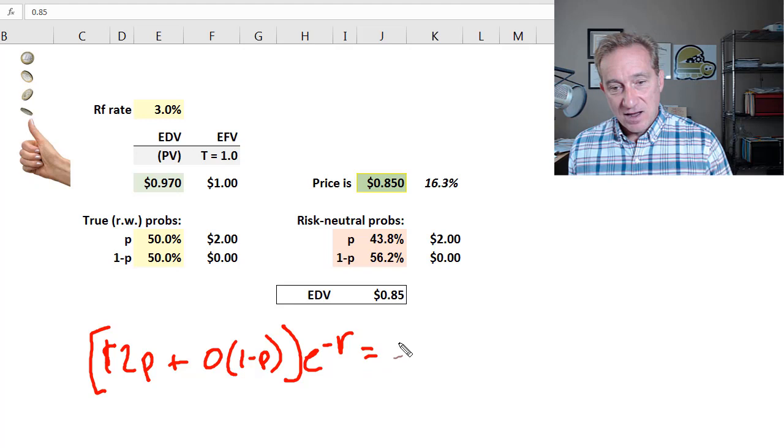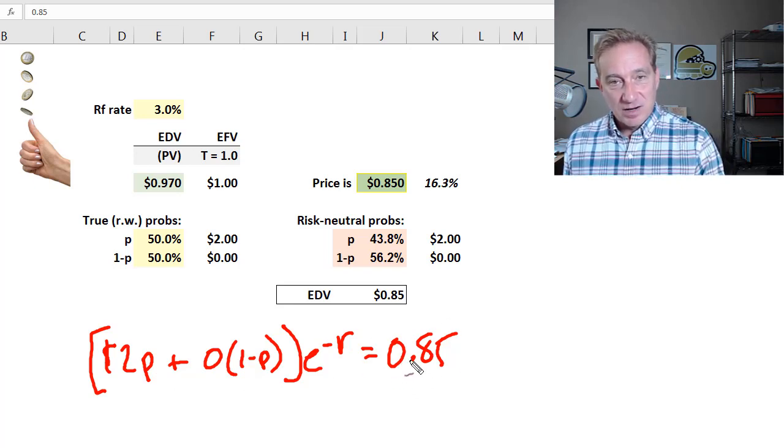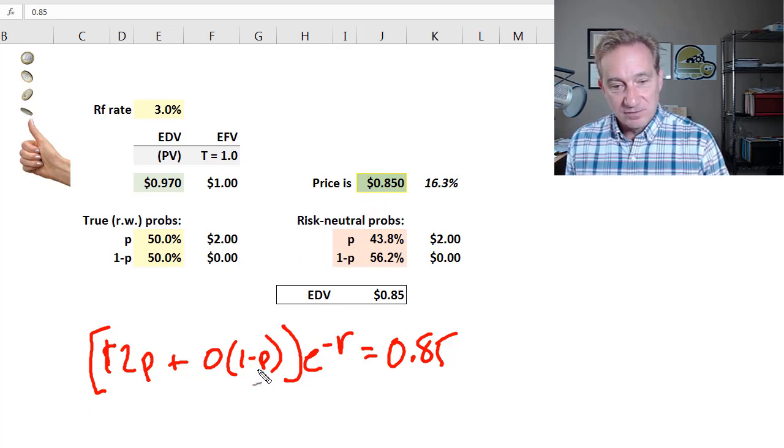And now this time what we know is the market price. And so if we plug in here the market price or observed market price, and this time solve for the probabilities, by definition, we're solving for the risk-neutral probabilities because we're enforcing that the expected discounted value necessarily equals the market price that we observe.